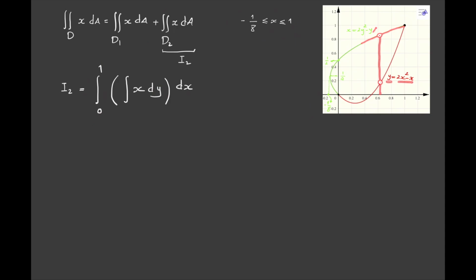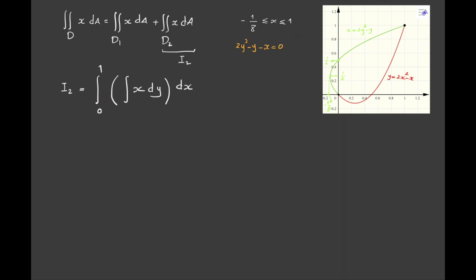That's good, but it means I need the y value. But unfortunately, the equation given for this curve expresses x in terms of y. What I need is to express y in terms of x. So it's easy. I solve a quadratic equation. So let me just solve it here. I will write 2y squared minus y, and I move this x to the other side, so it becomes minus x equals 0.